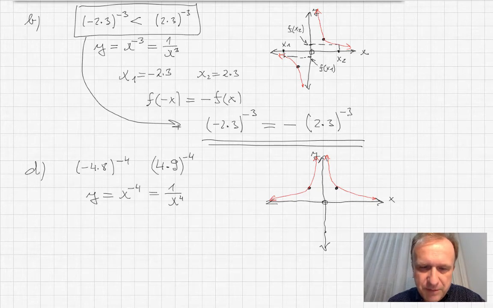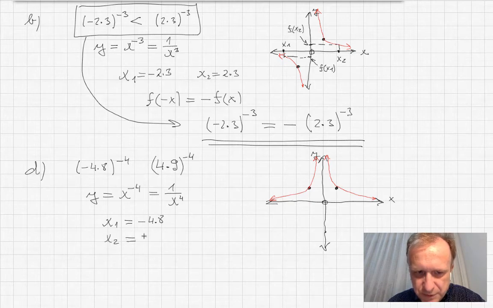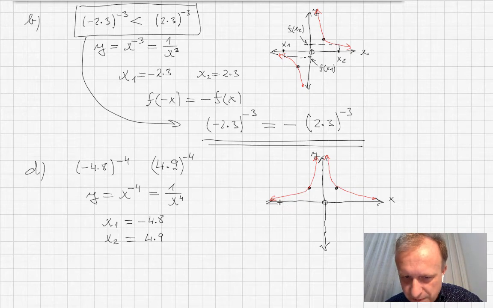Now we have two x values, x sub 1 equals minus 4.8 and x sub 2 equals 4.9. So x sub 1 is somewhere here, and x sub 2 is somewhere here.